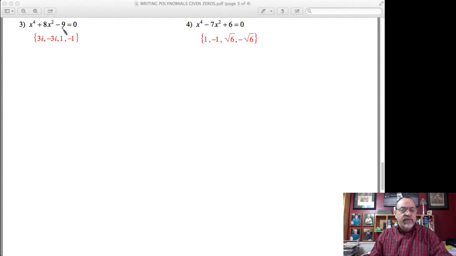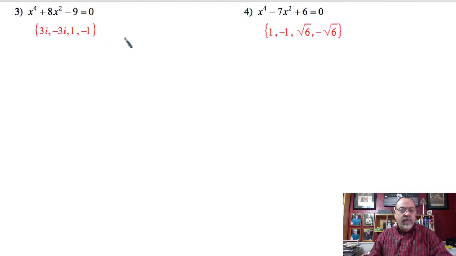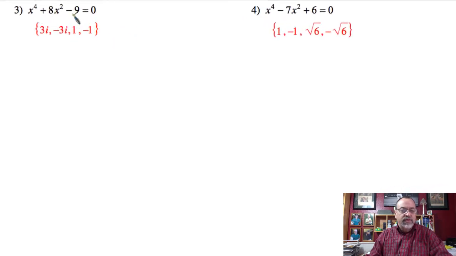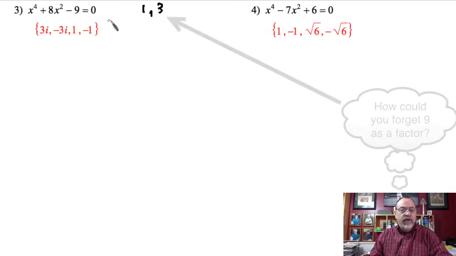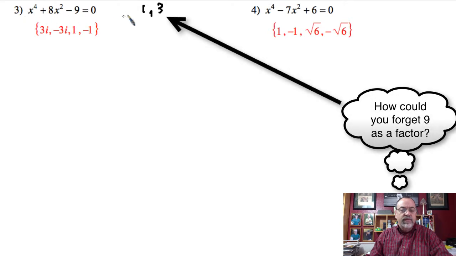As we look at the first one here, we want to determine the list of possible rational zeros. And you remember, using the rational roots theorem, I take the factors of the constant, 1 and 3, over the factors of the leading coefficient, which here is 1. So I make my list. So these are the possible rational zeros.